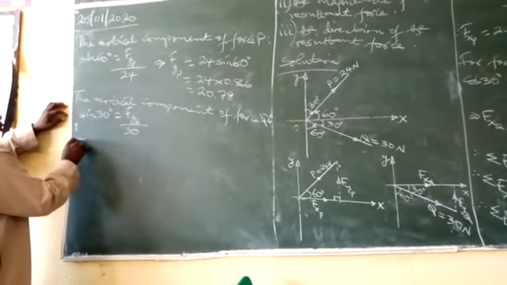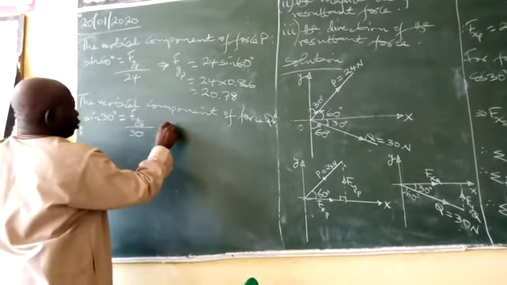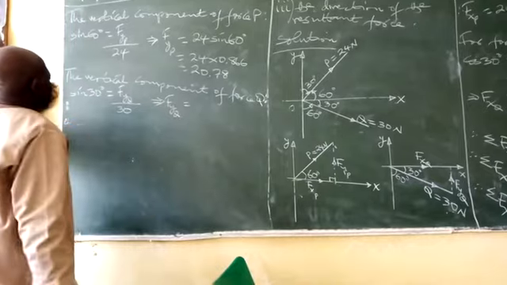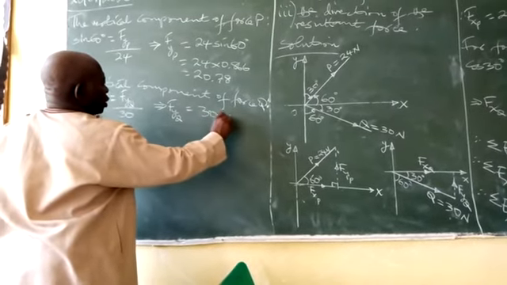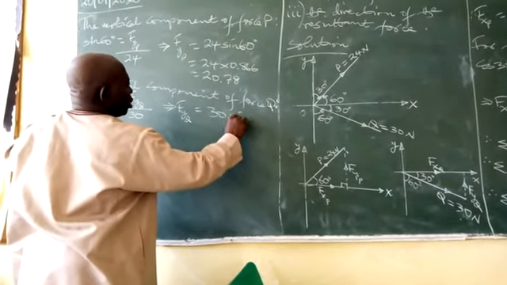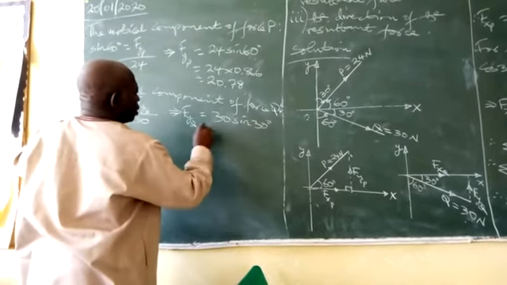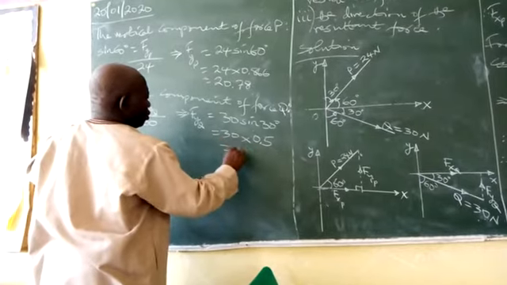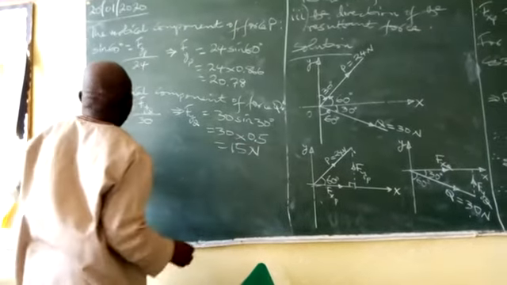So if I cross multiply, I have F sub y Q is equal to 30 sine 30 degrees. That will be 30 times 0.5, which is 15 Newton.